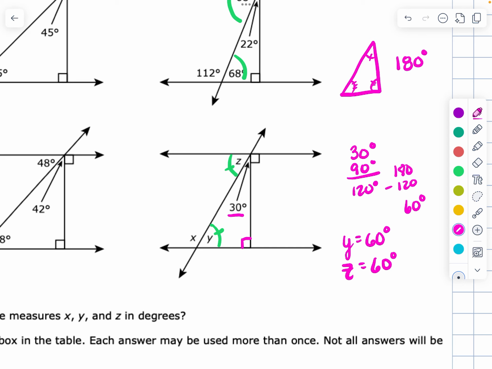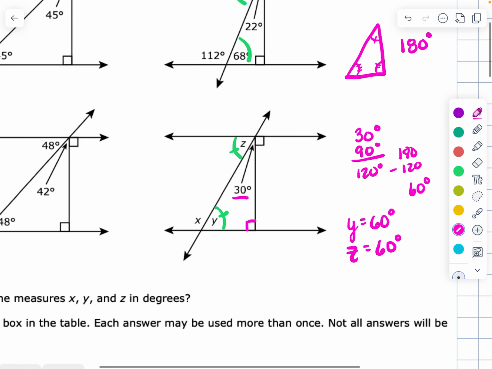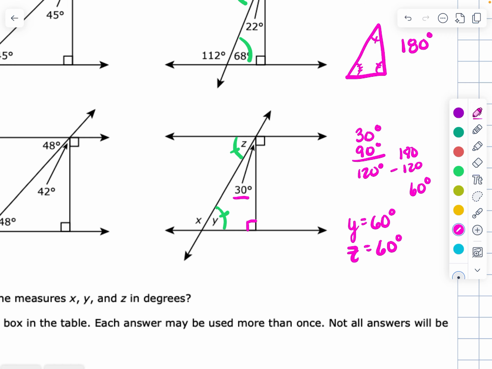But just in case you didn't know, you could figure it out as well, because it's 90 degrees plus 30 degrees, and that's 120. And so 180 minus 120, because this whole angle measurement is 180 degrees.